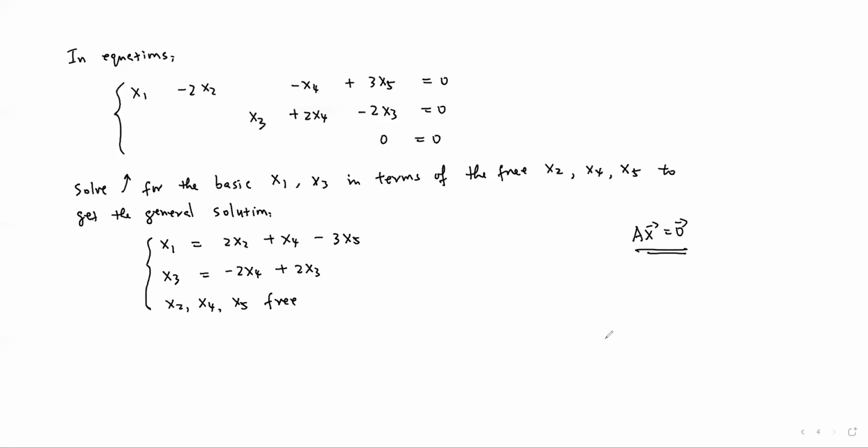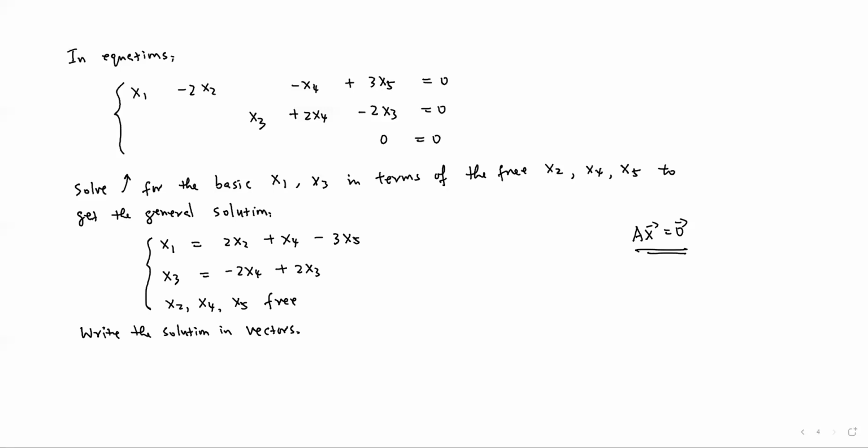Now, next step, write the solution in vectors. Question: should it be 2x5 instead of 2x3?